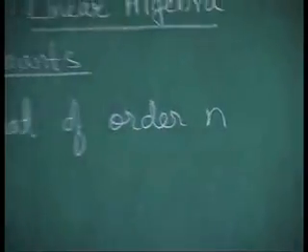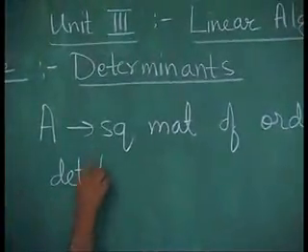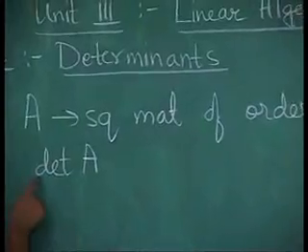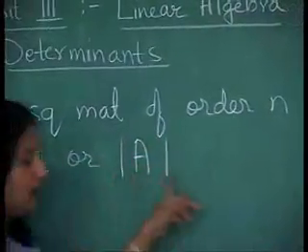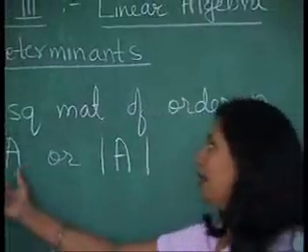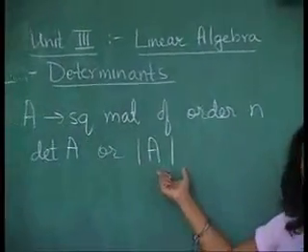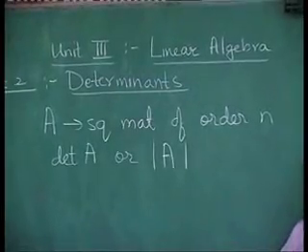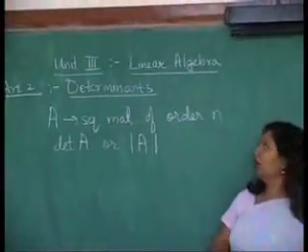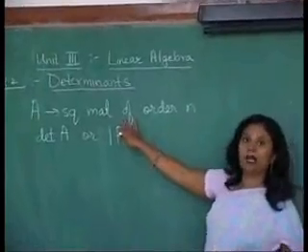Then we denote the determinant of A by det of A or by this symbol. So either of these will stand for the determinant of a matrix. Now, the determinant of a matrix is a number associated with that matrix.